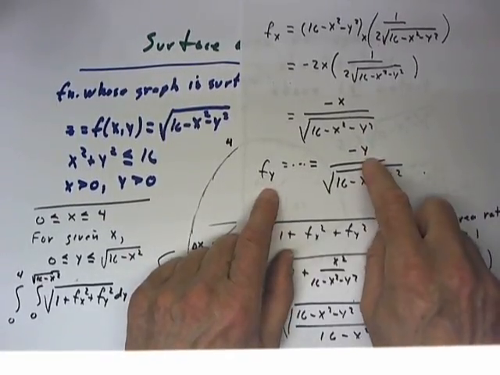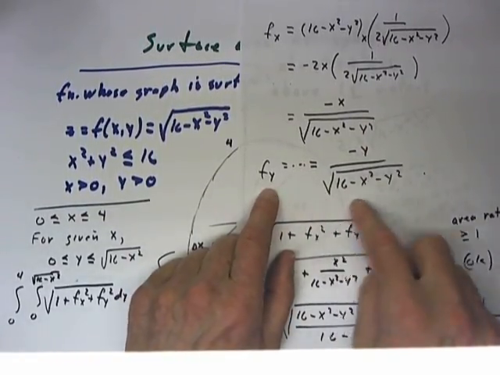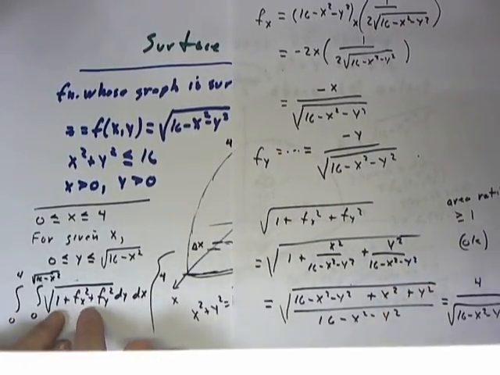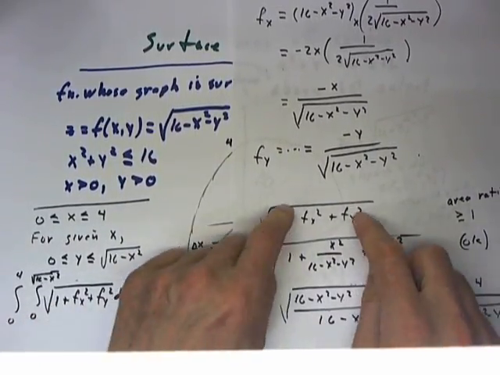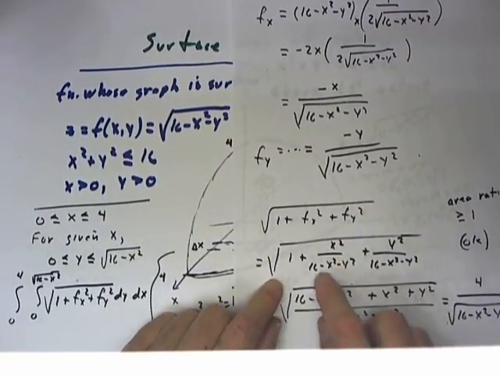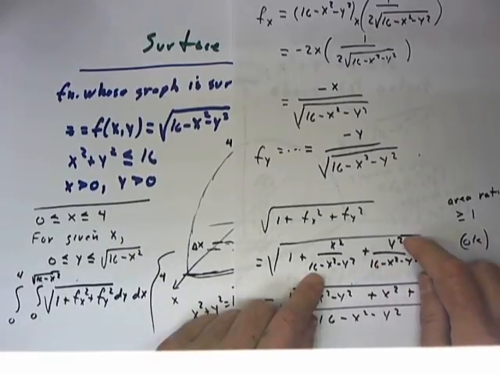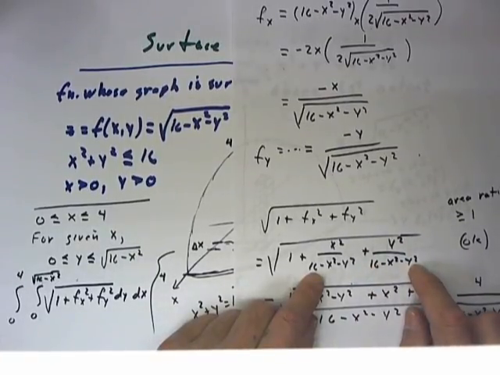The y derivative is very similarly seen to be negative y divided by the same square root, so that our expression 1 plus fx squared plus fy squared becomes 1 plus x squared over 16 minus x squared minus y squared plus y squared over the same denominator.